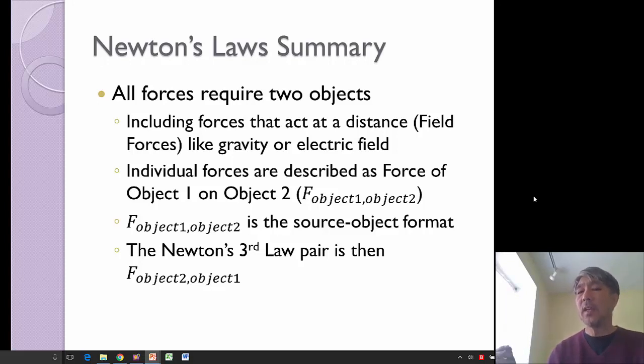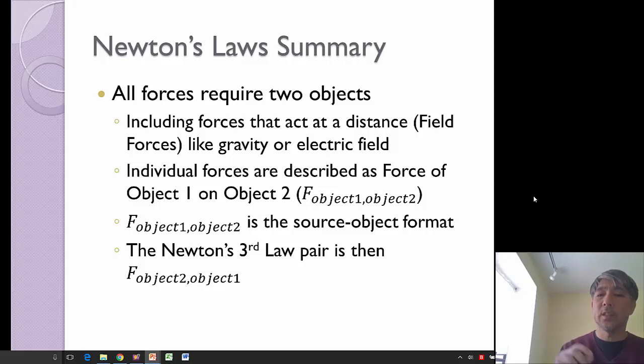In the case of gravity, it's the mass of the Earth, so the Earth is acting on the object. And we're going to use a source-object format for labeling our forces.